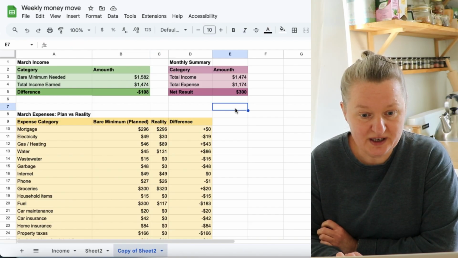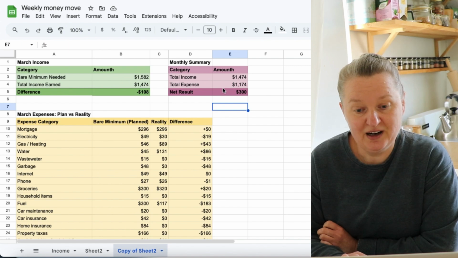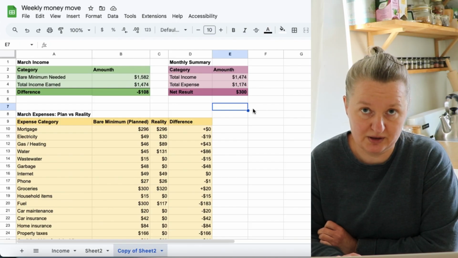In my summary we can see my total income in March was $1,474. My total expense, what I really spent, was $1,174, and I ended up with $300, which I actually put into my emergency fund.